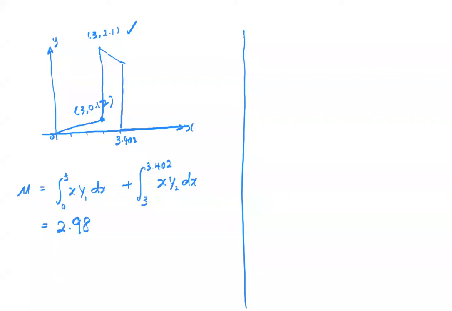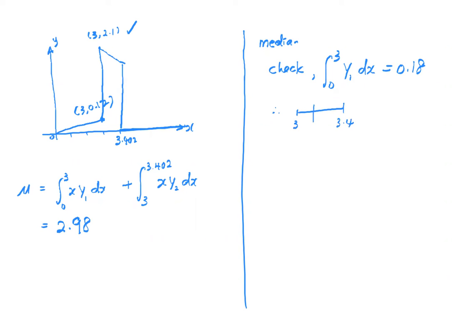Okay, to check the median, I told you already what we need to do. We need to check first. How do you check? You integrate from 0 to 3 of y1 dx. Can someone give me this answer? 0.18, correct? So therefore, the median will lie between 3 and 3.4.